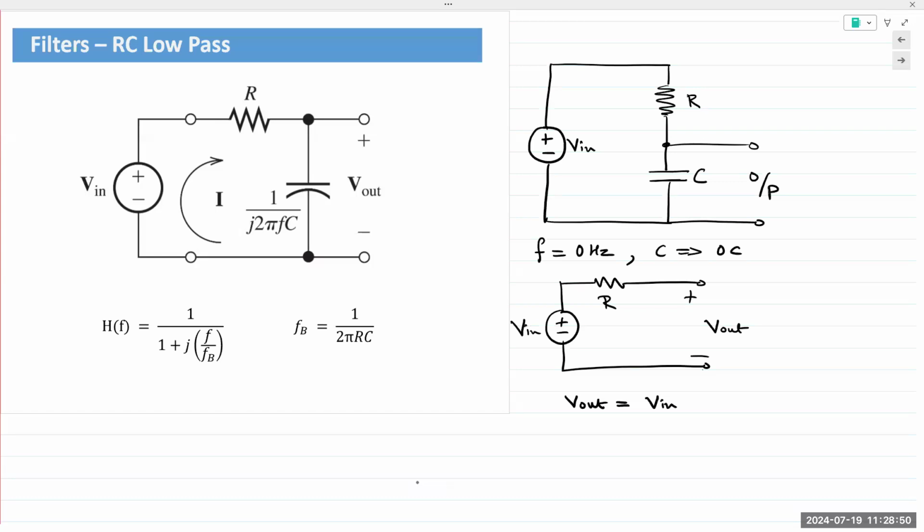Hence, the electrons stop flowing. The current through the resistor is now zero, and the capacitor is at V in. Make sense?